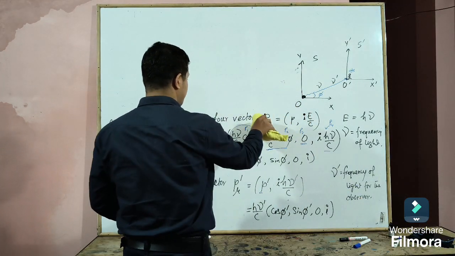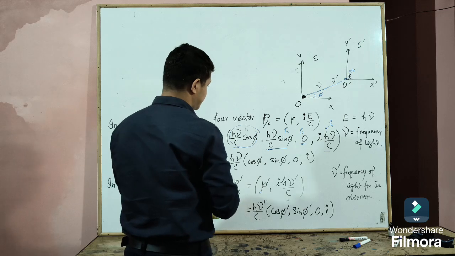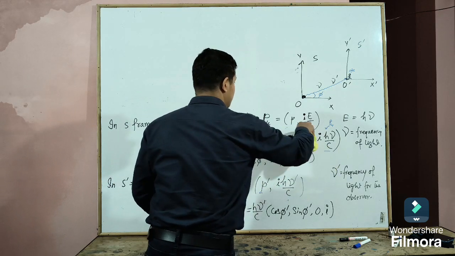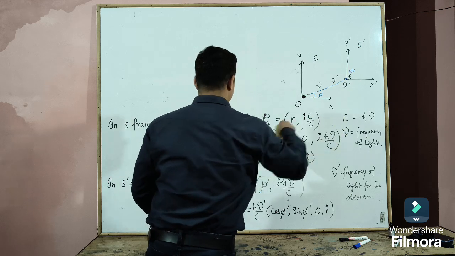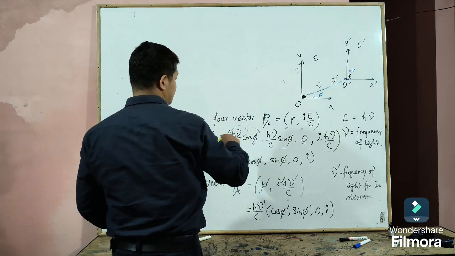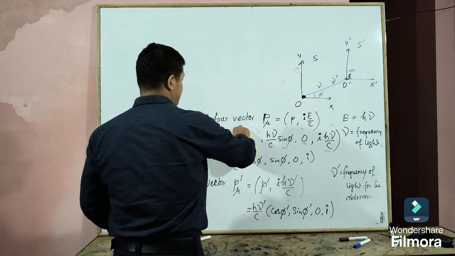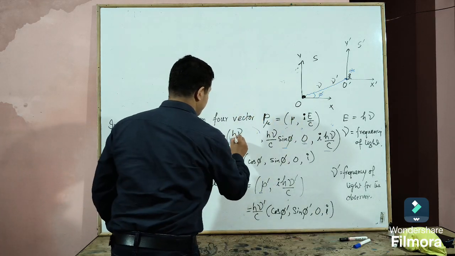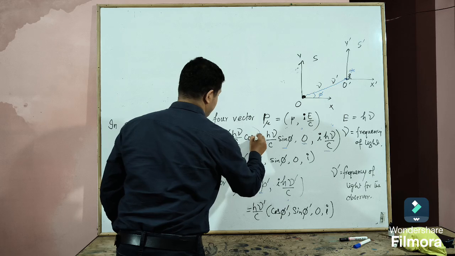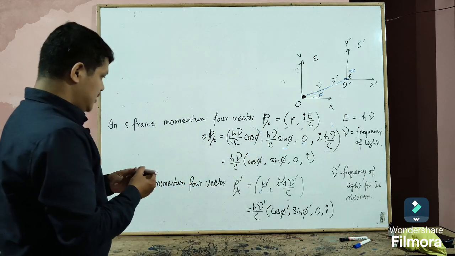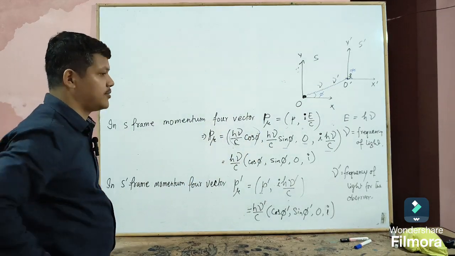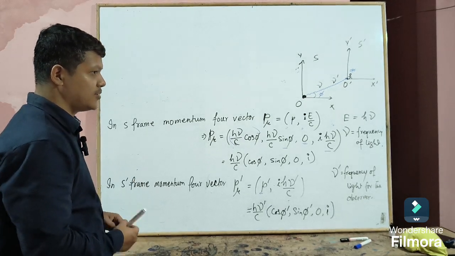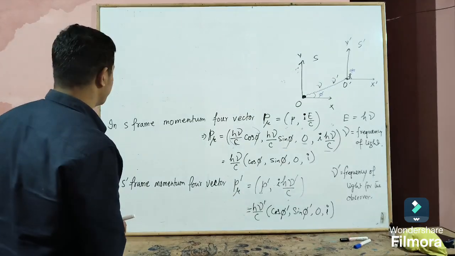So let me consider, okay, let me clean this first. Just give me a second. It is h nu by c cos phi, right? Okay, now we're going to use the Lorentz transformation. Okay, we're going to use the Lorentz transformation.